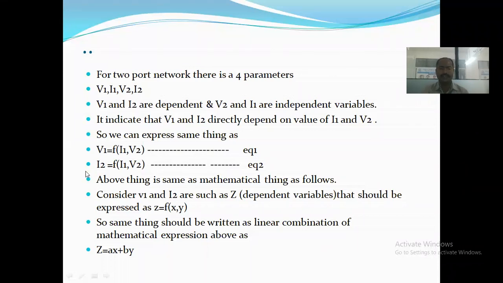We know that phi1 and I2 are the dependent terms, so each dependent term is written as a function of the independent terms, I1 and phi2. This is equation 1 and 2. Did you understand?